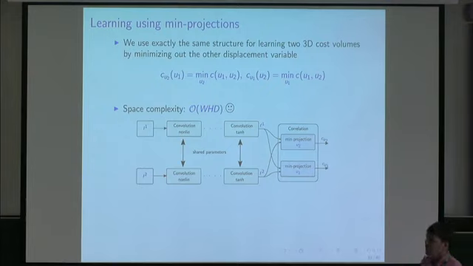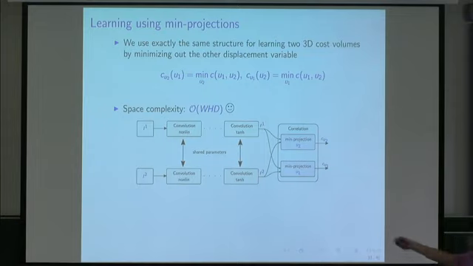So it means we compute one cost volume, which is called C_U2 of U1, where we minimize with respect to the other displacement. Okay, so you can see this as a kind of a relaxation. And we do it also in the symmetric way for the other cost volume. So we have another cost volume that depends on the vertical displacement where we have minimized out the horizontal displacement.